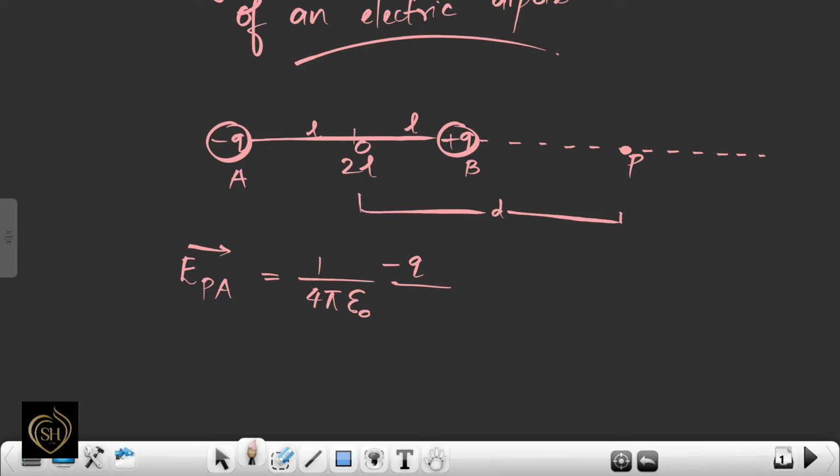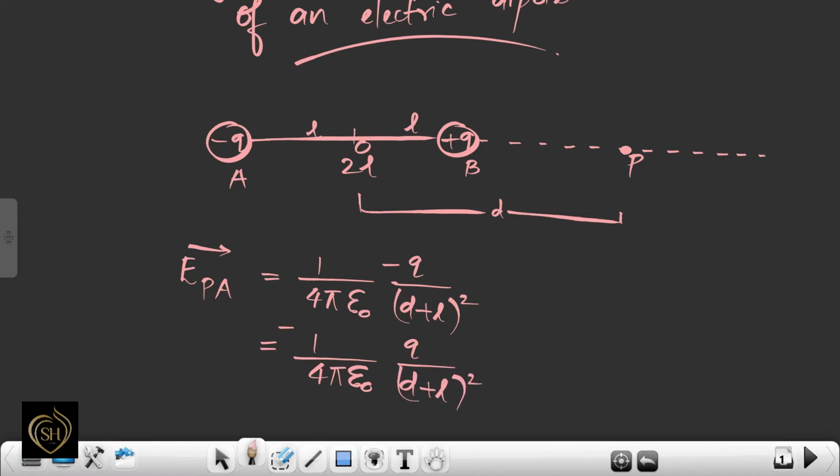What is the distance between A and P? It is d plus L, the whole square. That is equal to minus 1 by 4 pi epsilon 0 Q divided by (d plus L) the whole square.